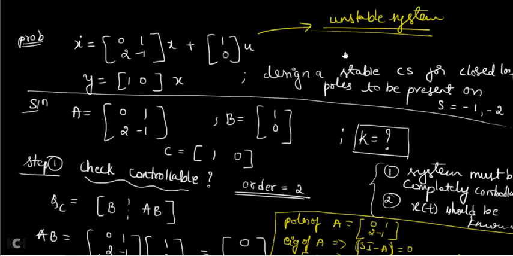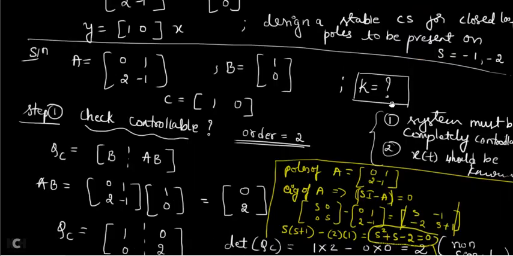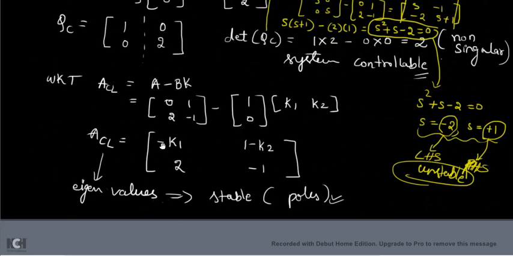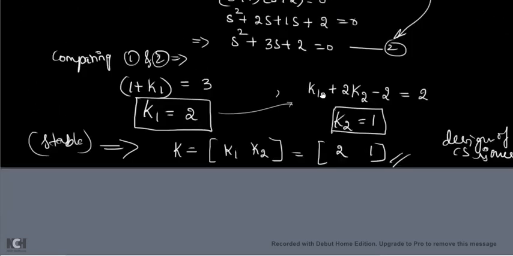So this unstable system, we used our pole placement method, and finally we designed the control system to make it a stable system. The given problem was an unstable system because there was one pole present on the right hand side.